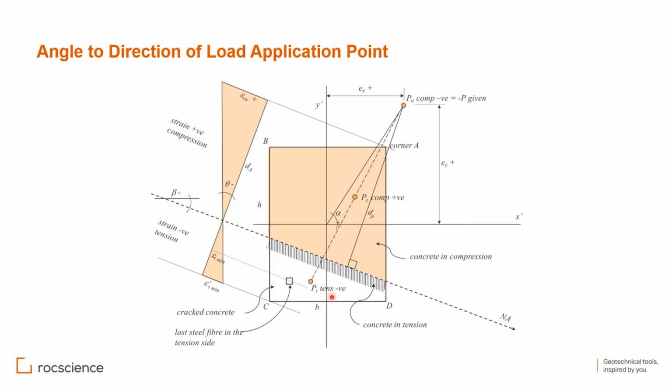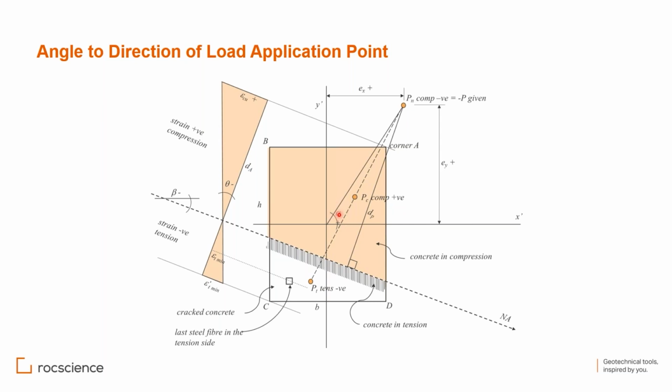The angle of the direction of load application is very important while constructing the interaction diagram. Why is it important? The angle is defined by EY and EX, so that alpha is the angle.